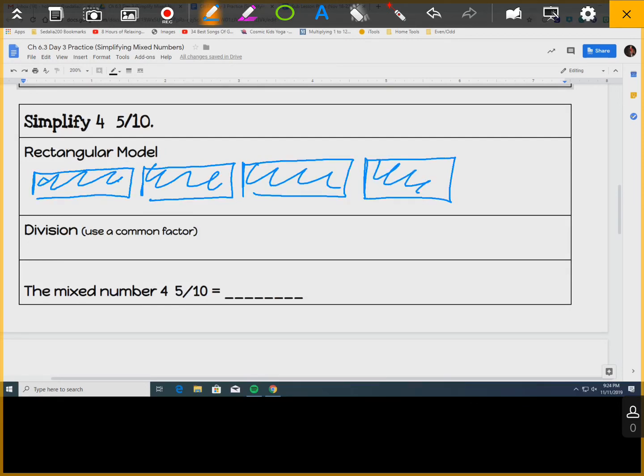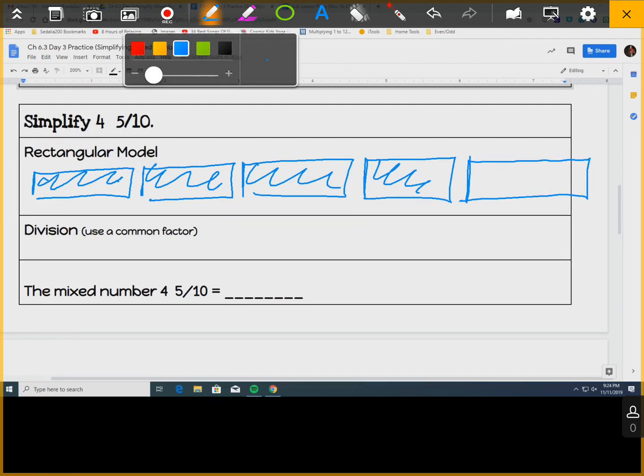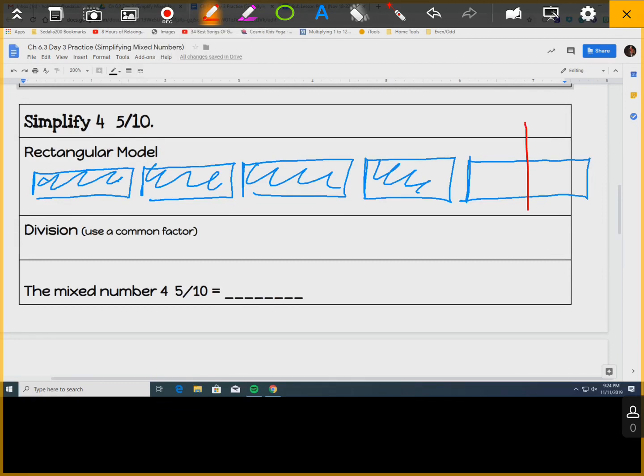And then remember, we're going to focus on this fraction part, 5/10. Well, for me to make tenths, I'm going to cut my whole in half, and then I'm going to do 5 times on each side. I'm going to go ahead and color in 5 out of those 10 pieces.